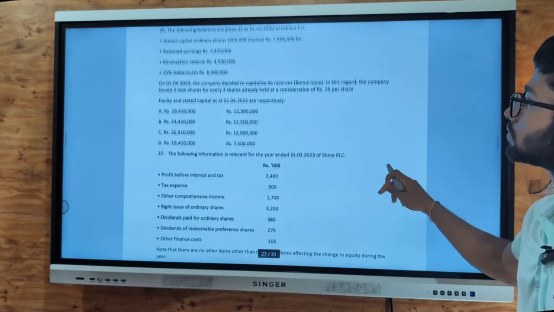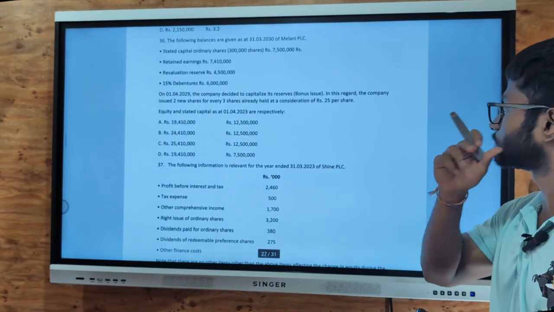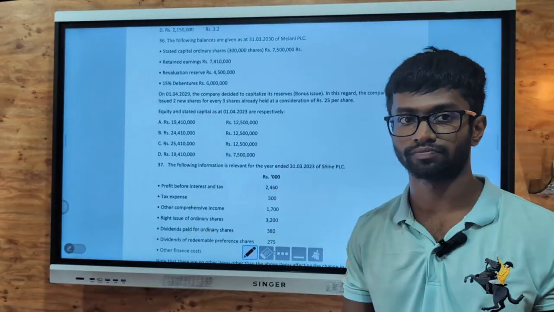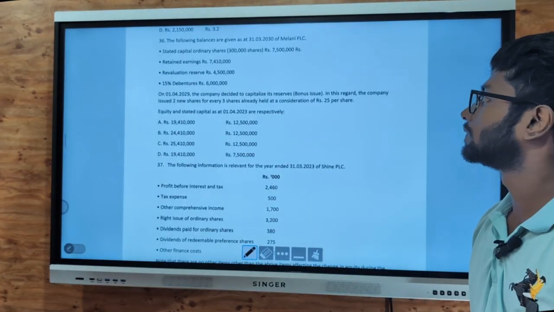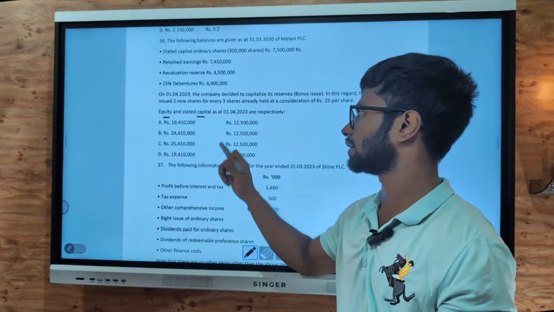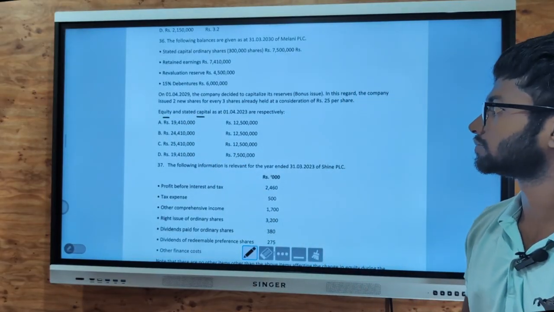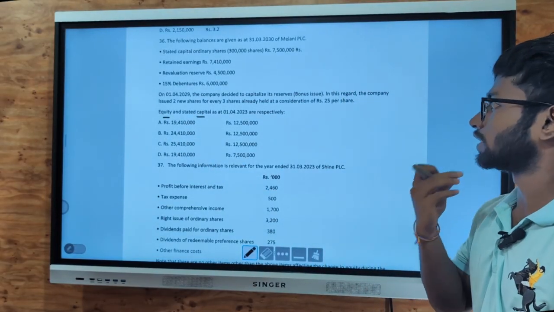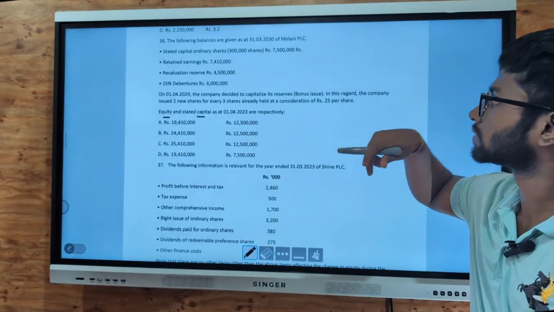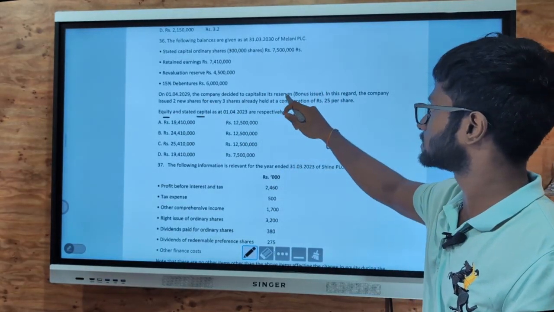So here we have a question related to your bonus issue. They are asking after the bonus issue, what is your equity and your stated capital. Now keep in mind, I'll just do it here, it's easier for me then. The company decided to capitalize its reserves.